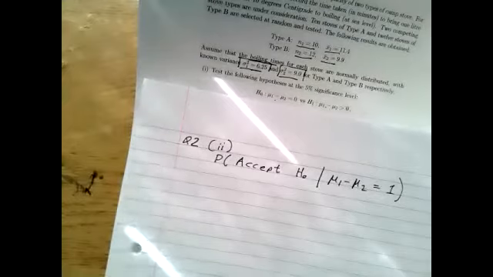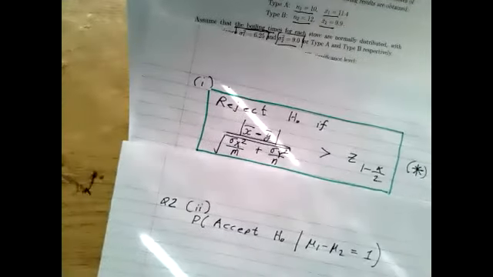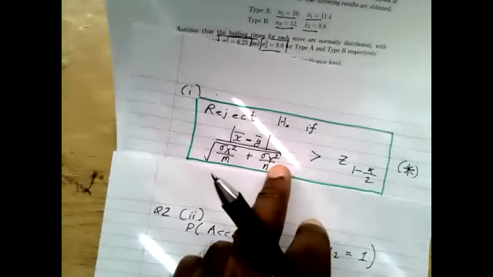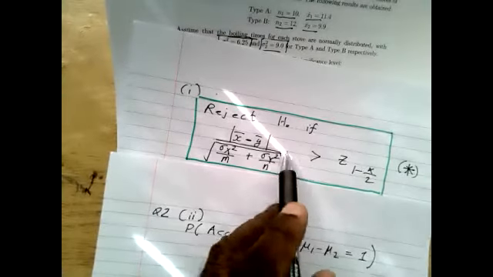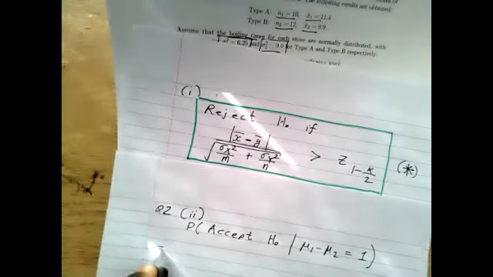Now we should go back to part 1. This is the rule for rejecting the null hypothesis, so the rule for accepting the null hypothesis will be the reverse of this rule.